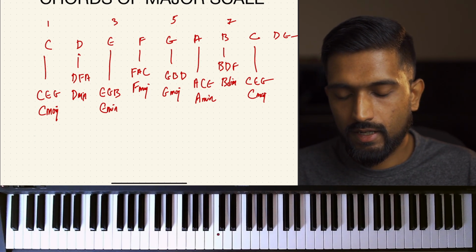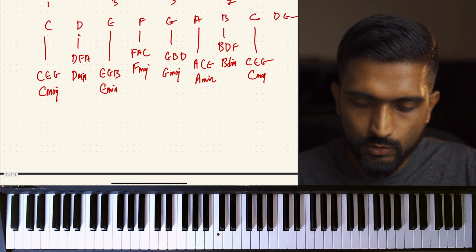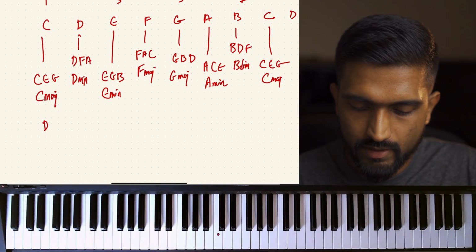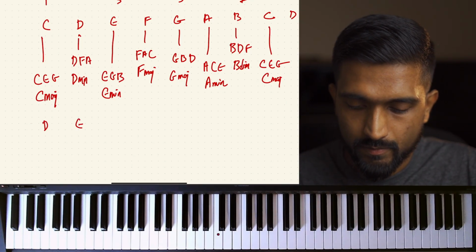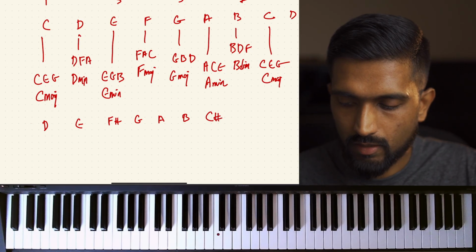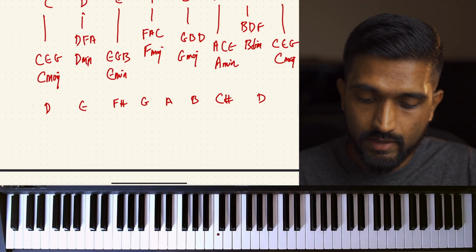Now, let's take another scale and try to do the same exercise. Let's try and do it for the scale of D major. So we get D, E, F sharp, G, A, B, C sharp, and D. Now you can do the same exercise.